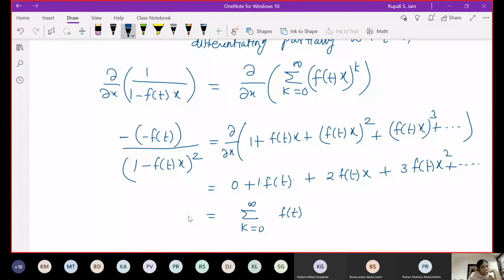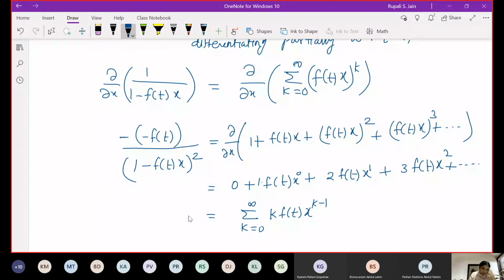So it should be k times f(t)^k x raised to k minus 1, k running from 1 to infinity.